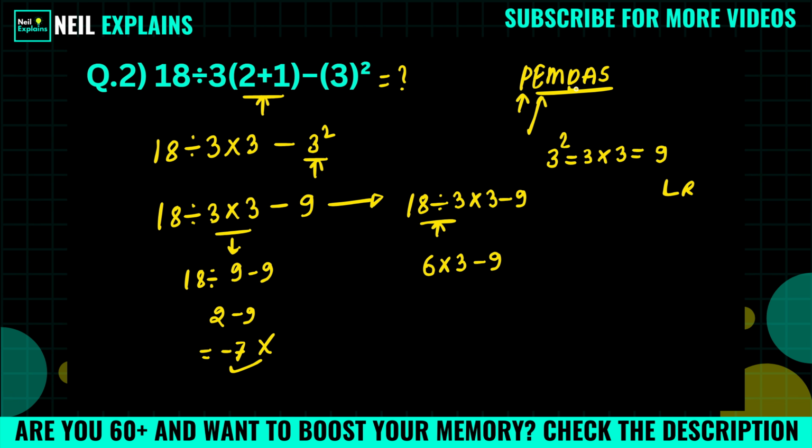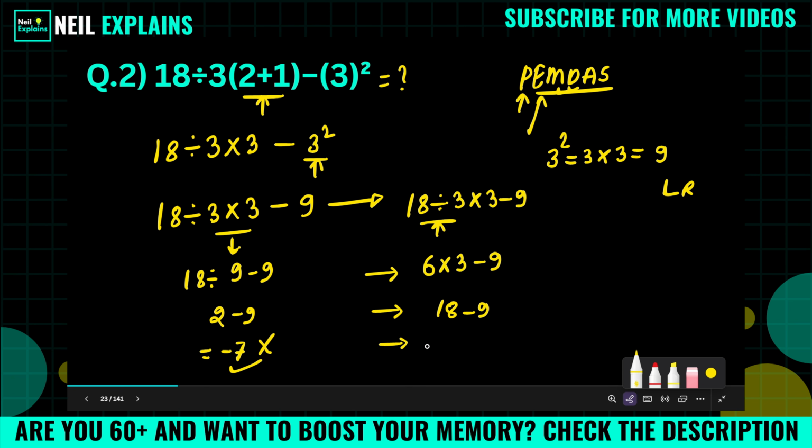When division is done, you have to solve the multiplication: 6 times 3 is 18, minus 9, and 18 minus 9 is 9. So here the right answer is 9.